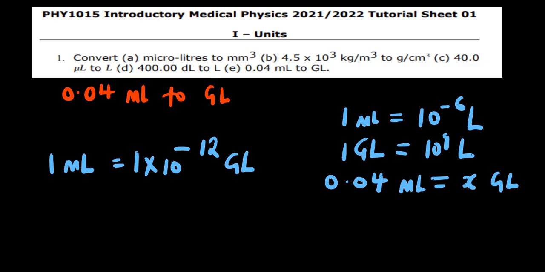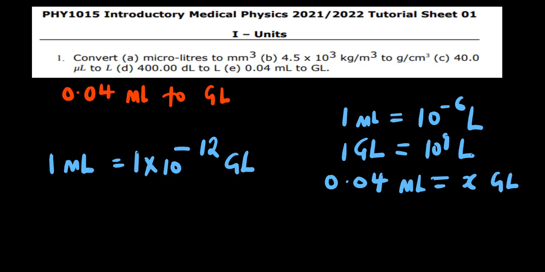Okay, so that will be our conversion unit. Why? Because milli gives us negative 3, giga gives us 9, and when those add with the negative 6 here, they give you a negative 12.